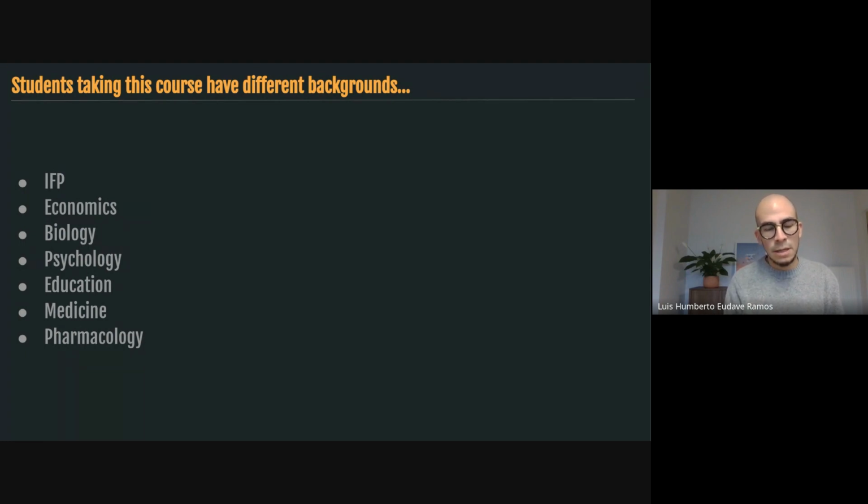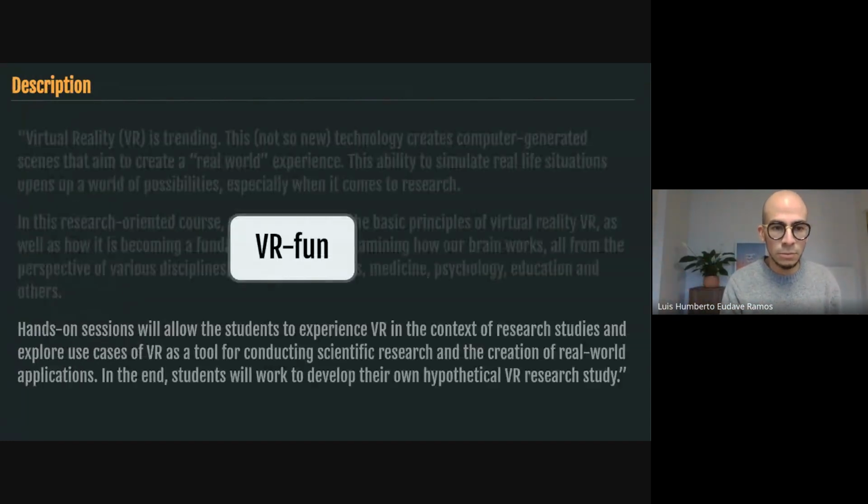I have had students from economics, biology, psychology, education, medicine, pharmacology, and so I have to more or less adapt the material so I can get something out of each of these fields, but I have to adapt it so that it remains interesting for everyone, or that everyone can take some benefit out of this course. So it has to have this very diverse perspective when thinking about this course.